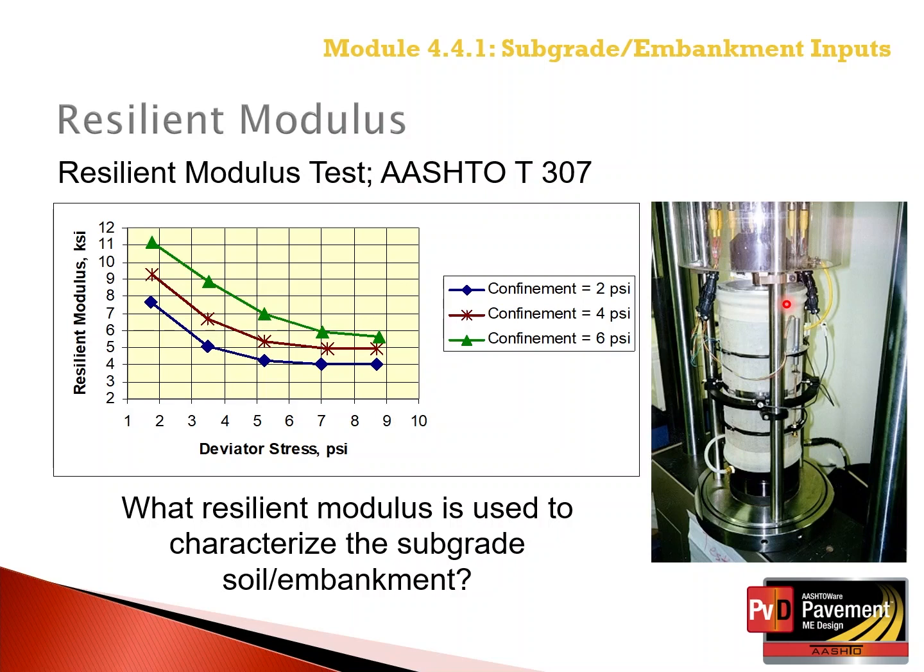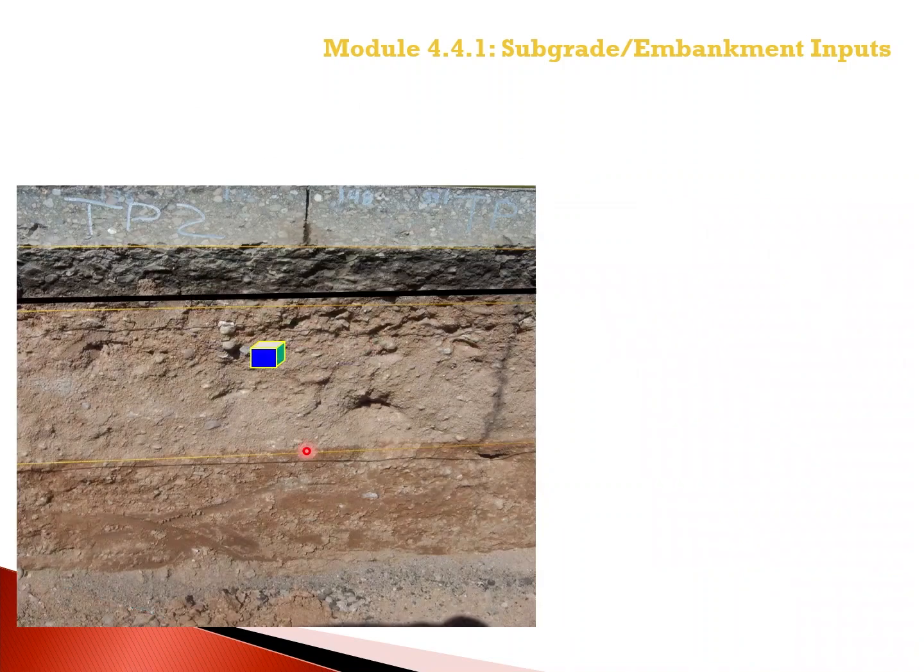So the procedure is an iterative procedure relating field stress conditions that exist in the field to the stress states we used in the laboratory to measure resilient modulus at different conditions, different confinements, and different deviator stresses or bulk stresses.